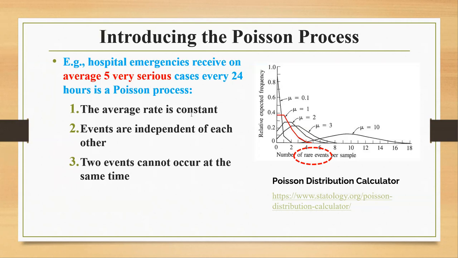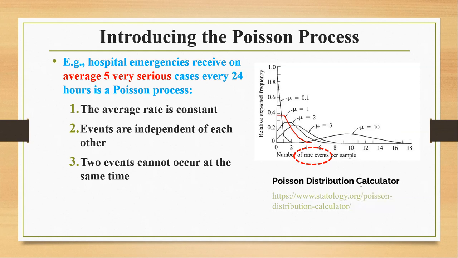So in a distribution like this, the average rate is a constant. Events are independent of each other, because the emergency patients coming into the emergency room are not related to each other. So those are the assumptions. And two events cannot occur at the same time. If you use these three assumptions, then you will get a so-called Poisson distribution like this.